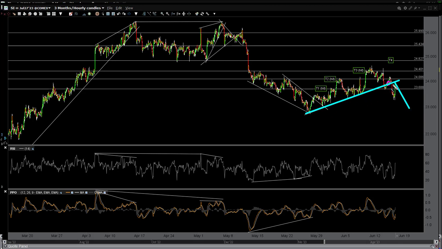But we are back testing the trend line. That was pretty much your sell signal yesterday. And watch for that rejection there. I do not have the positive divergence on silver that I do on gold, and so that's why I'm kind of wishy-washy on my convictions. Like I said, no position for me right now, flat. But those are the things to watch.